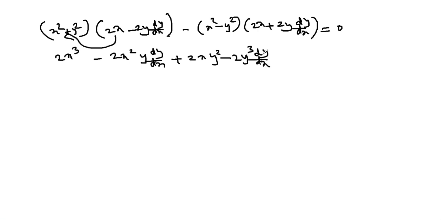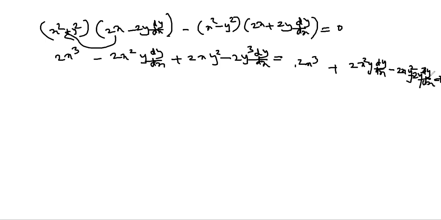A simple multiplication: x square into 2x is 2x cube, x square into minus 2y dy by dx is minus 2x square y dy by dx, y square into 2x is 2xy square, and minus 2y cube dy by dx, is equal to, taking the RHS side and multiplying, 2x cube plus 2x square y dy by dx minus 2xy square minus 2y cube dy by dx equal to 0.